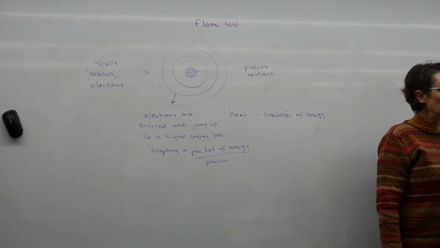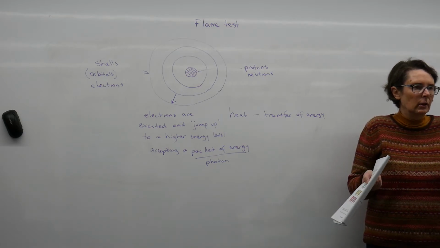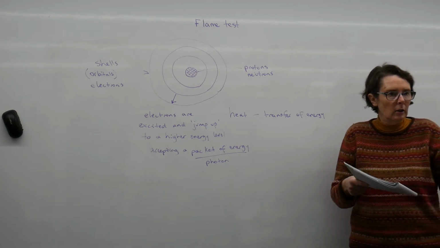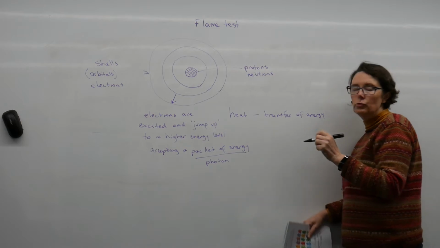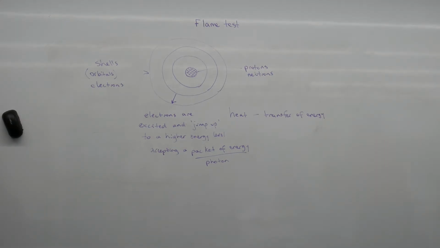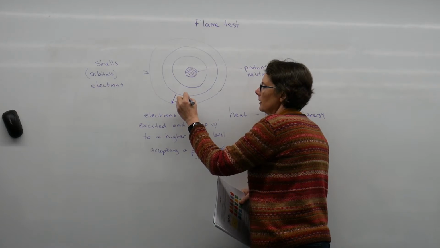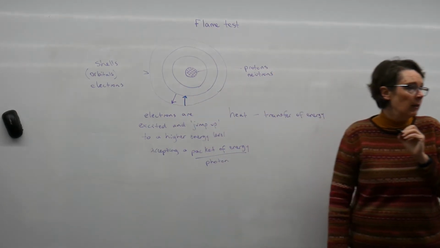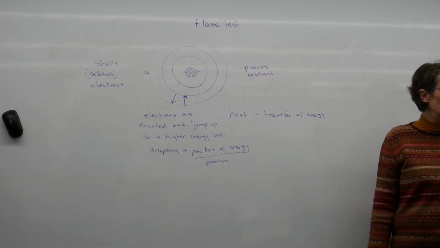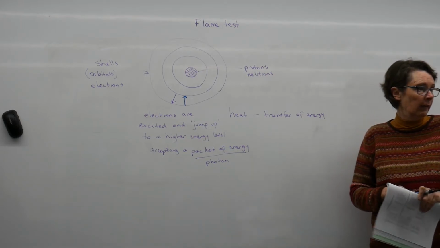And it can't stay in this excited state indefinitely unless we kept adding and adding and adding energy. And so what happens is it will drop back down again. This is the part that we're pretty well interested in: when it drops back down again, it releases a packet of energy the exact same size as it took in to reach the higher level.